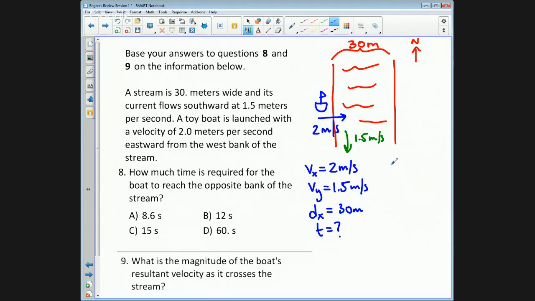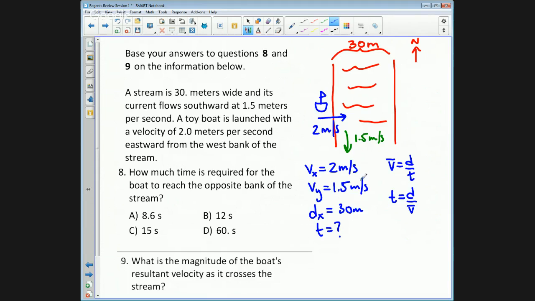Well, if we're using the formula on the reference table, average velocity equals distance over time, and we're solving for the time, we can rearrange this formula to t equals d over v bar. So the time equals the distance over the average speed.